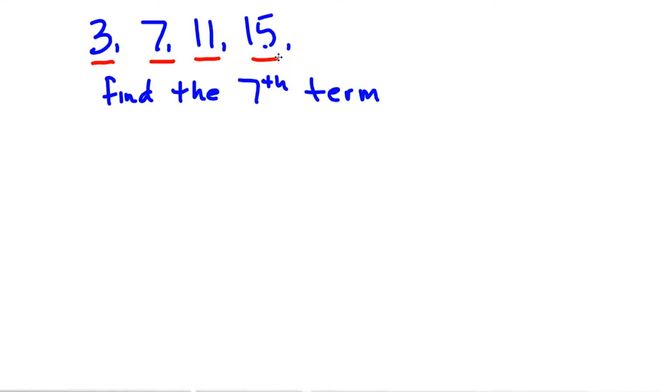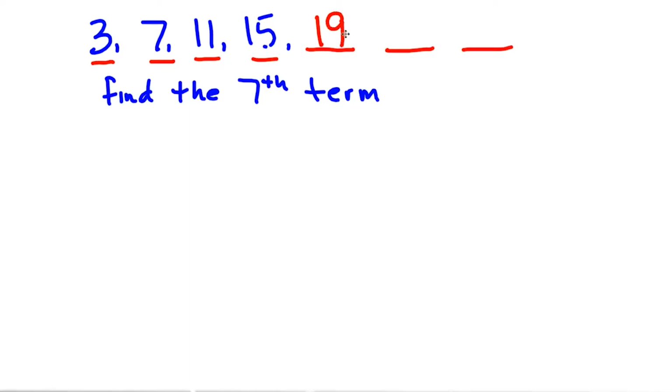From 3 to 7 is 4, from 7 to 11 is 4, and from 11 to 15 is 4. If we have to find the 7th term, what I like to do is draw blanks. They've given us 4, we're going to add 3 more on, and we're going to fill in. 15 plus 4 is 19, 19 plus 4 is 23, and 23 plus 4 is 27.